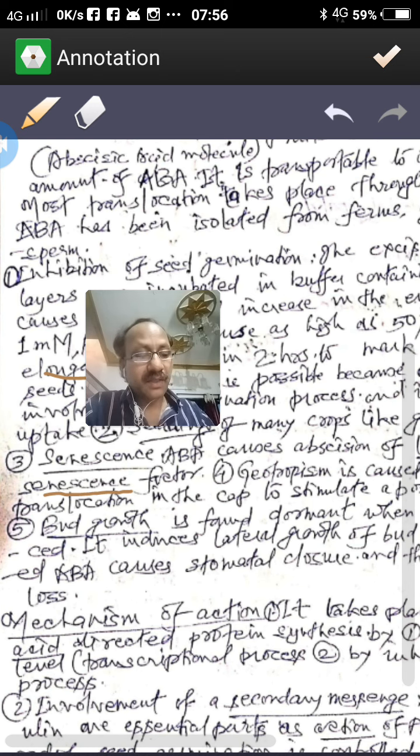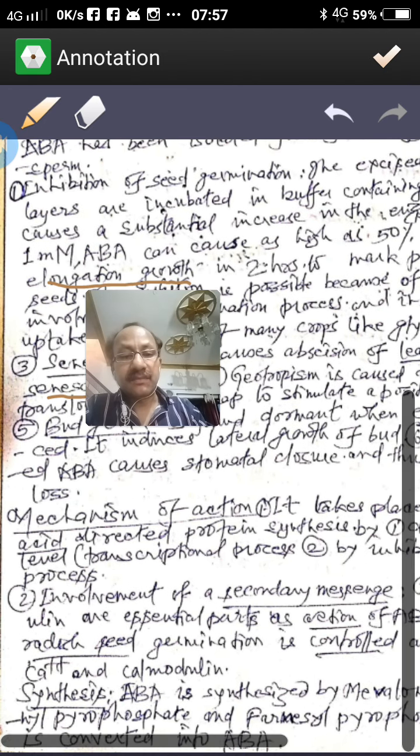And involvement of secondary messenger. Calcium and calmodulin both are very important here to assist the action of abscisic acid.